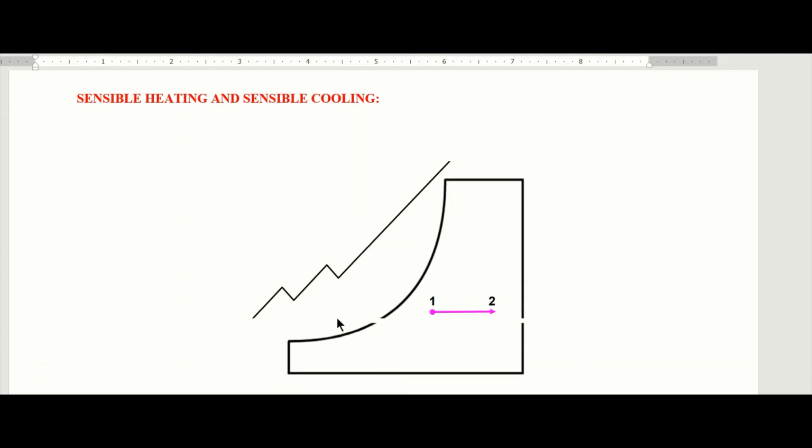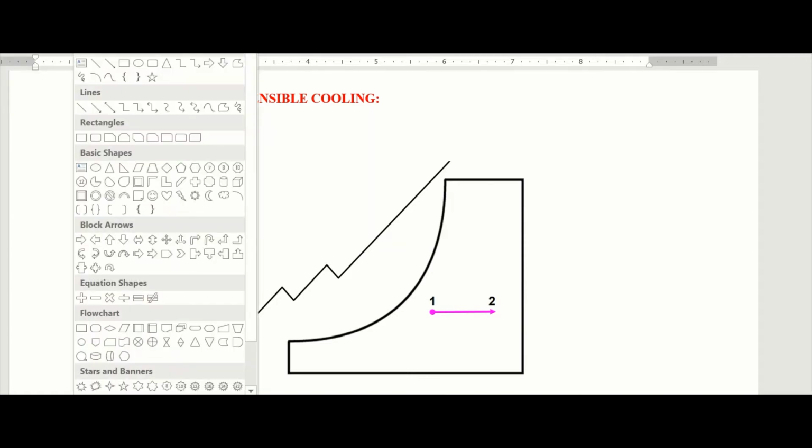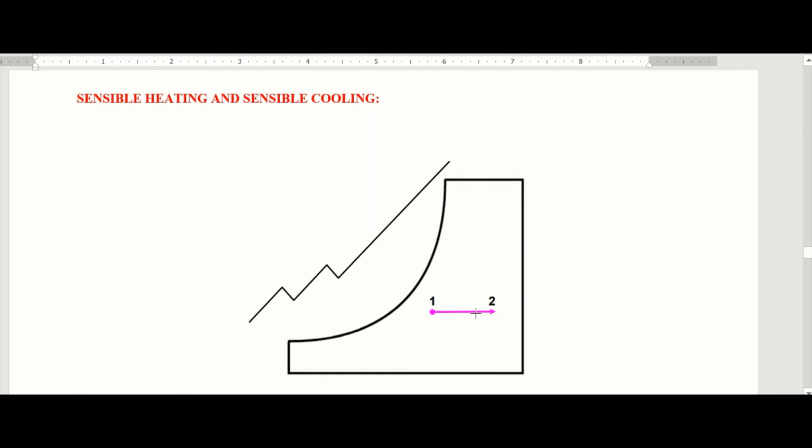So the sensible cooling line can be shown on the psychrometric chart by horizontal lines going towards your left. This line here is showing you a sensible cooling process. It goes towards your left. This is an example of a sensible cooling process.